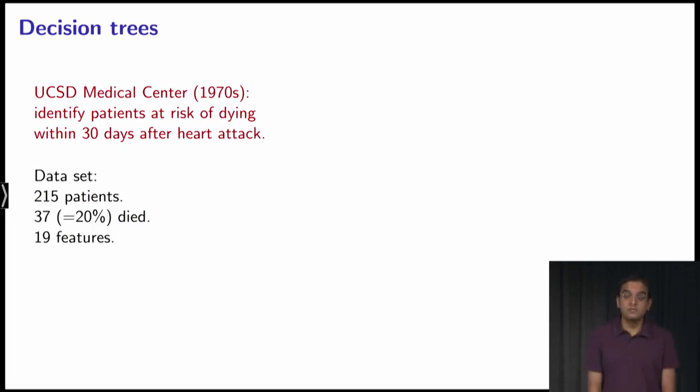Now, in order to understand this better, they collected some data. They got data on 215 patients, and for each patient, 19 relevant features were measured while the patient was in the hospital. Of these patients, 37, about 20%, died within the ensuing month. This is a classic binary classification problem.